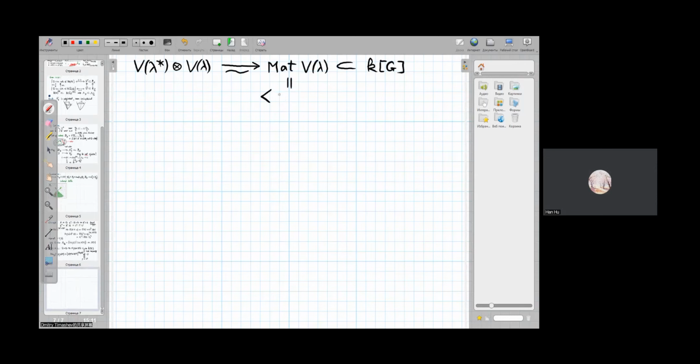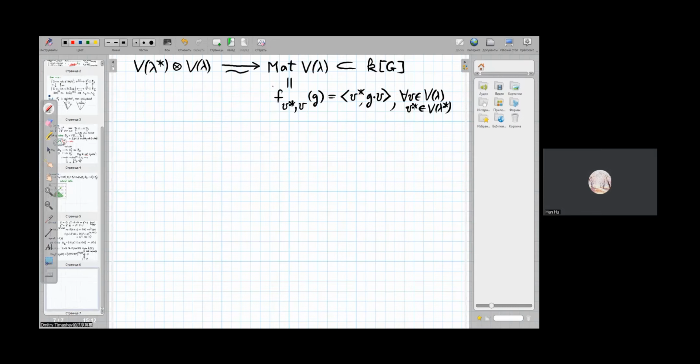You take a couple of vectors in V of lambda and in its dual, and you define a function F sub V star comma V of G to be the pairing of V star with G V, for any V in V of lambda and V star in V of lambda star.